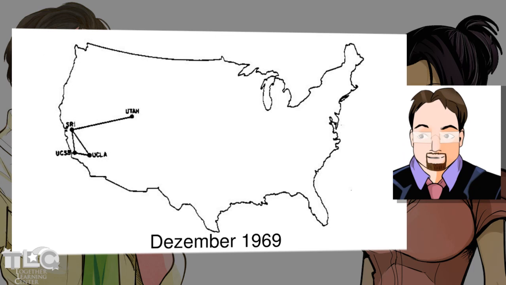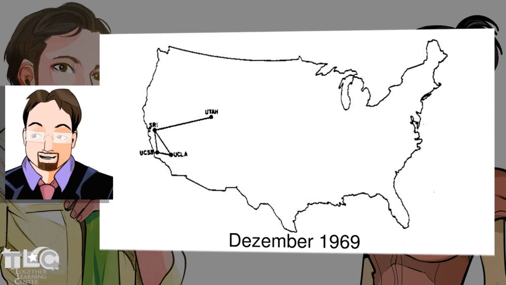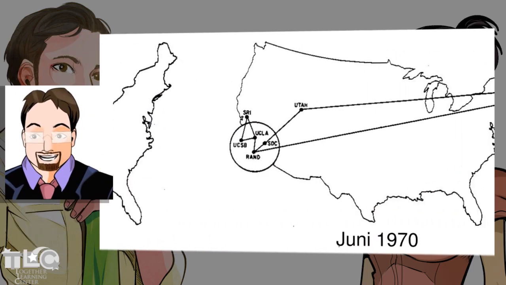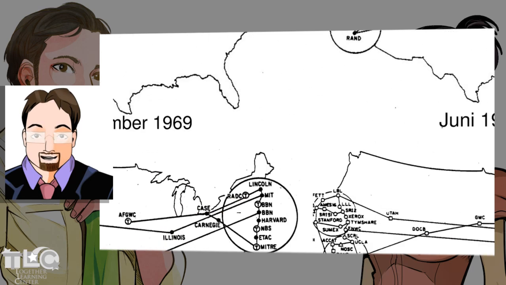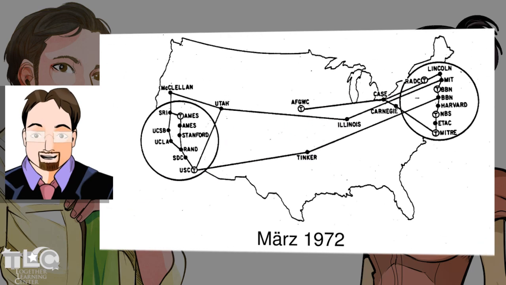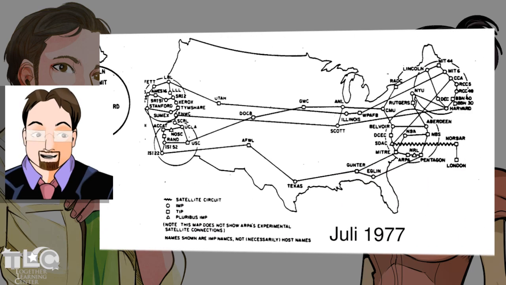So at first, when we had the ARPANET, we only had these 4 points, these 4 university campuses that were connected via the ARPANET, right? And it grew in just 1 year to some universities on the East Coast. And then it grew again in 72, and then towards the mid to late 70s, we started using satellite information.